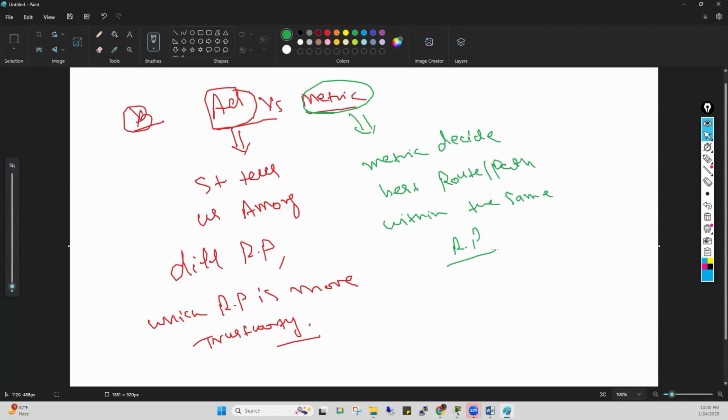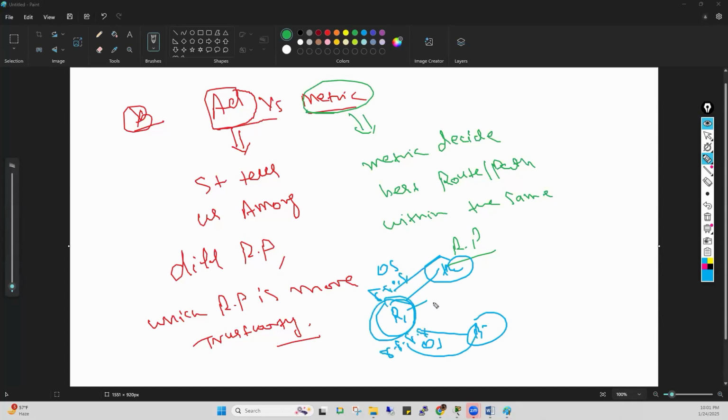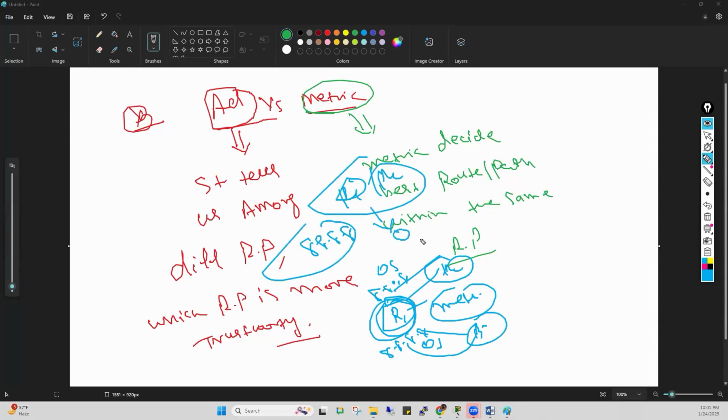Clear? Understand? I told you case 1 and case 2. In case 1, if you remember, R1, R2, R3, right? Here you are using OSPF, here you are using OSPF. This router shares 8.8.8.8. This router also shares 8.8.8.8. In this case, this router will decide on the basis of metric because this router is receiving 8.8.8.8 from R1 and R2 and both are in the same routing protocol, OSPF.